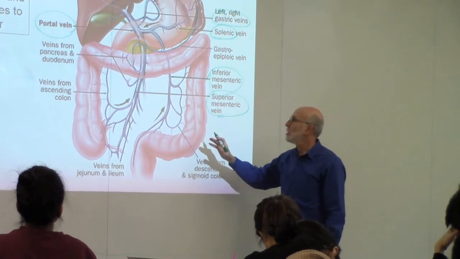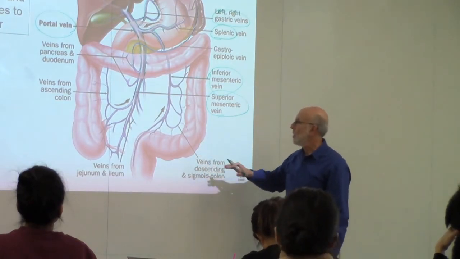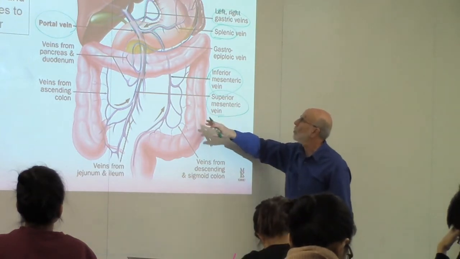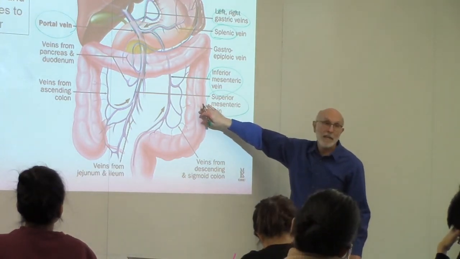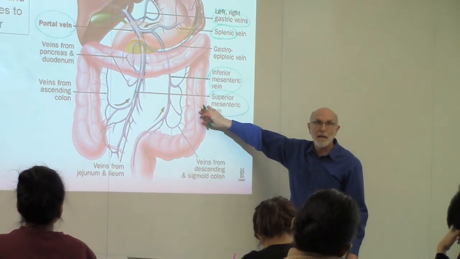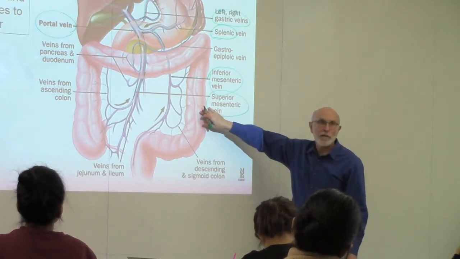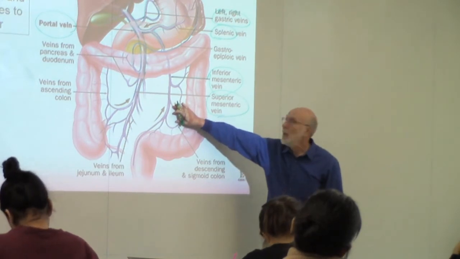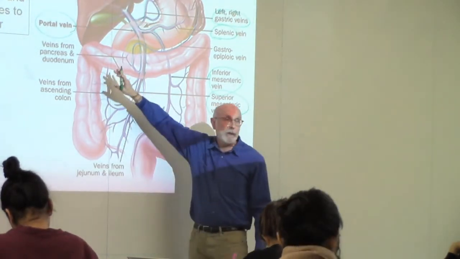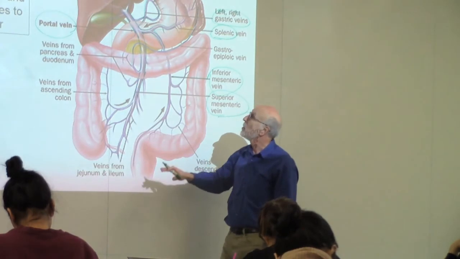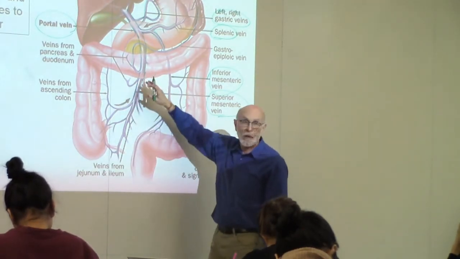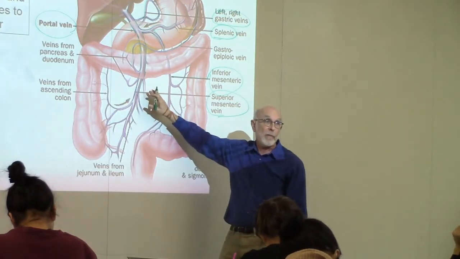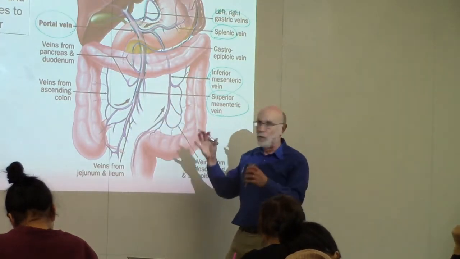And let's not be super worried about that, you know from your quiz anyway, that the descending colon is on the left side. So most of the drainage from the descending colon is into the inferior mesenteric. And you know that the ascending colon is on the right side, so the drainage from the ascending colon is mostly into the superior mesenteric. You can figure that out.